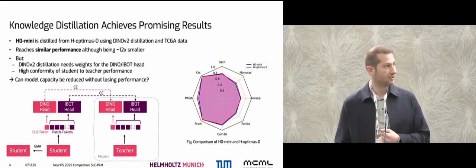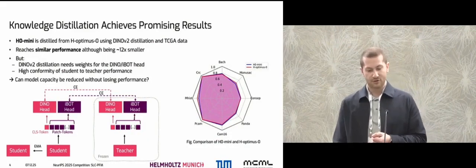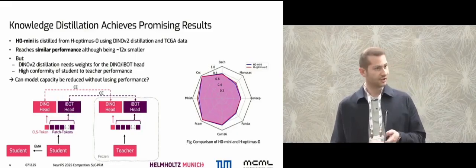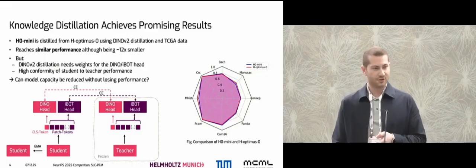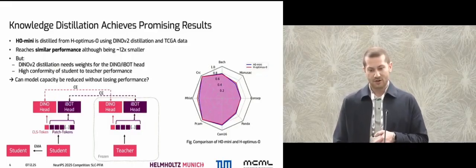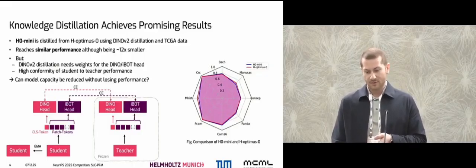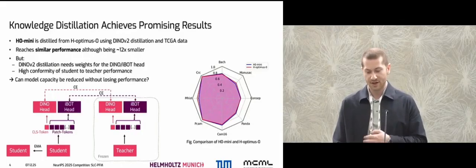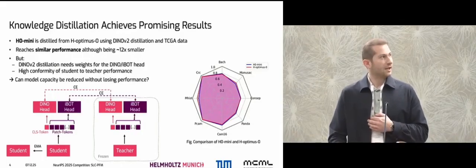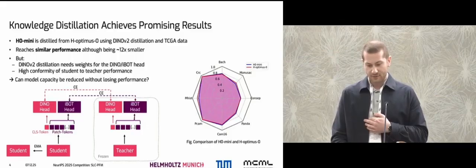And for that, as the title already promised, we are aiming to use knowledge distillation, which most of you have probably already heard of. It's the process of transferring knowledge from a larger model to a smaller model while hopefully keeping its representational quality and capabilities. And this has already been used for pathology.